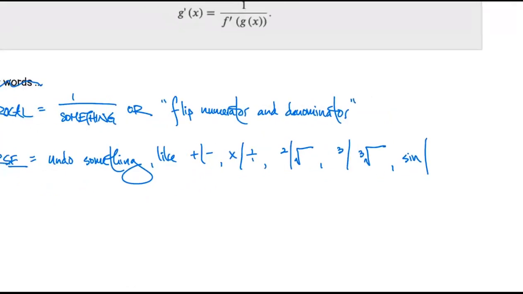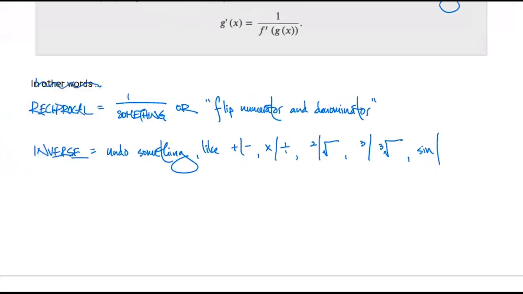Okay, I'm not asking for the reciprocal. 1 over sine would be the reciprocal. Oh, it's not cosine.